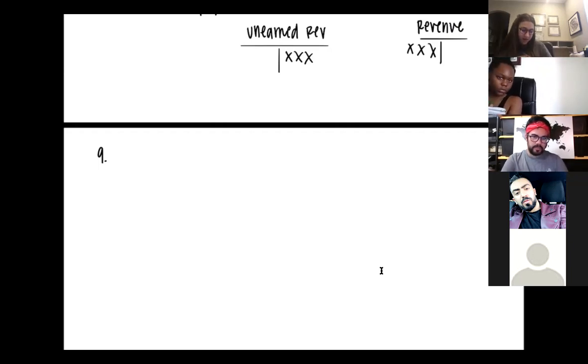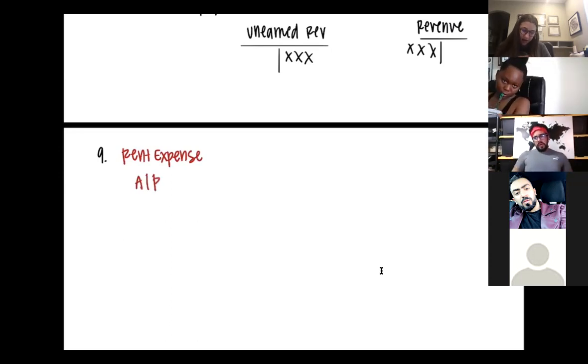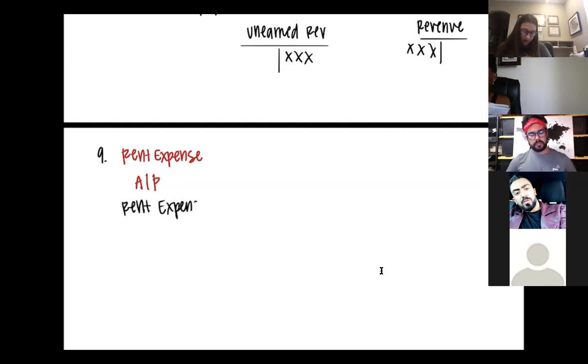So they did this. I guess they should have done this, right? Because it's going to get too confusing if we try to do the prepaid rent and everything. Cash.